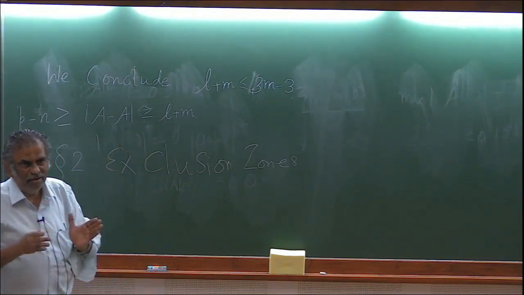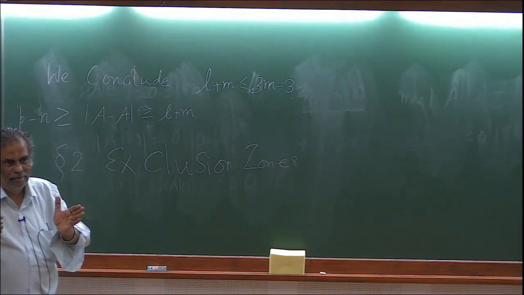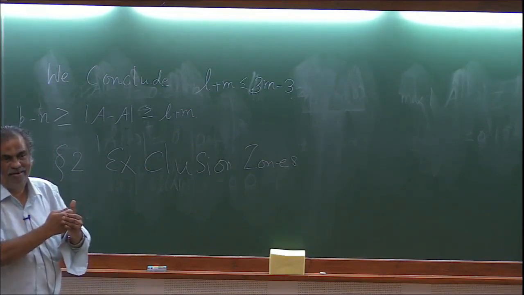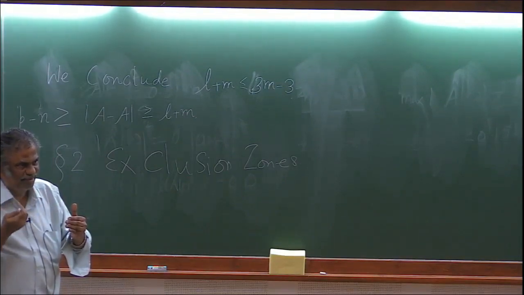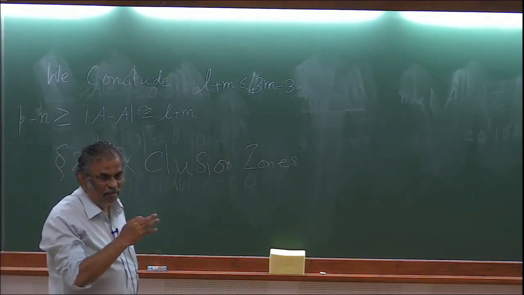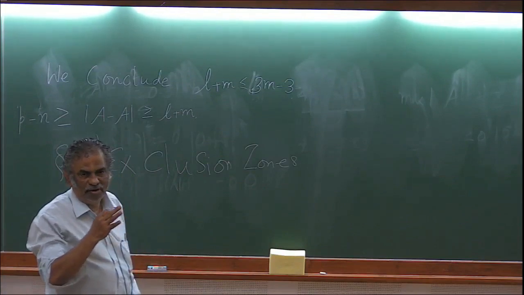If I prove it for A equal to 0 to L, then for A equal to U to U plus L the same thing holds, because as far as A minus A is concerned, whether A is 0 to L or U to U plus L, it won't make a difference. Whatever theorem I am proving, I will always assume A contained in 0 L, but I will prove results on A minus A.